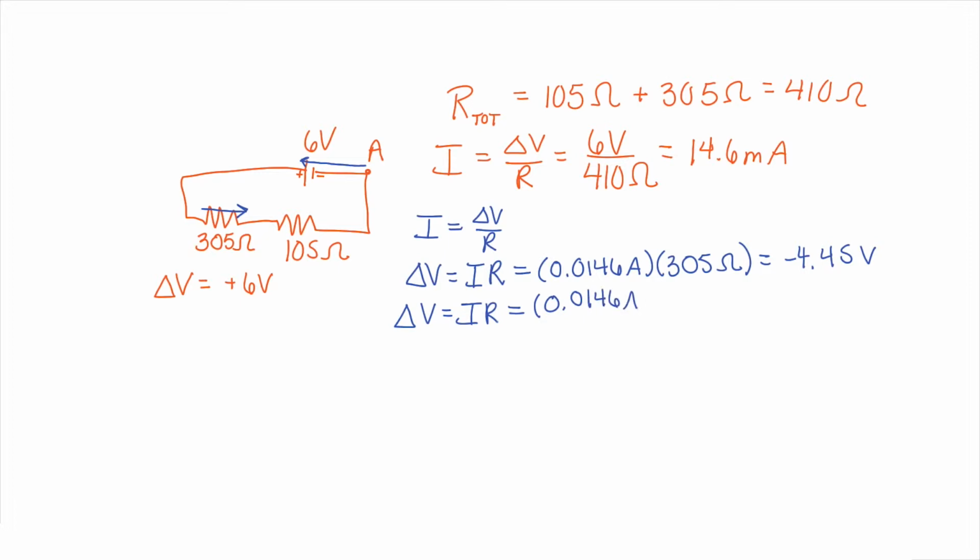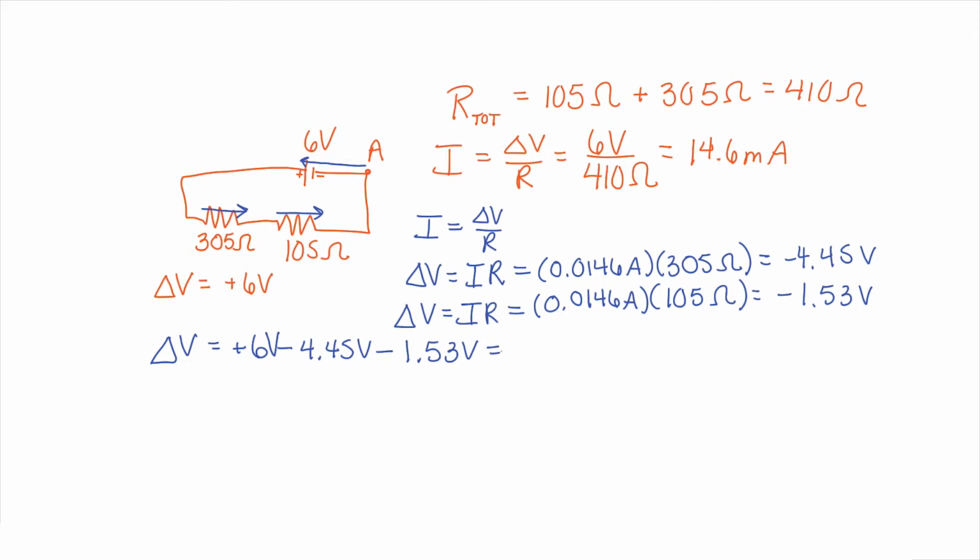Still using Ohm's law, we use the resistance and the current to get a potential difference of negative 1.53 volts. That was across the 105 ohm resistor. And then we arrive back at point A, which is where we began. So let's add up all of those potential differences. We had a positive 6 across the battery, and then we lost 4.45 volts across the 305 ohm resistor. We lost another 1.53 volts across the 105 ohm resistor.